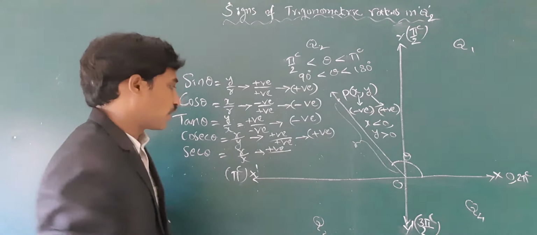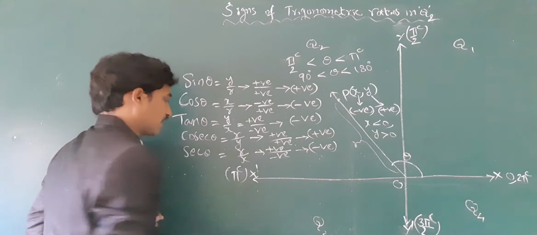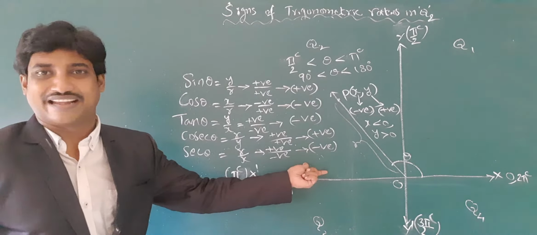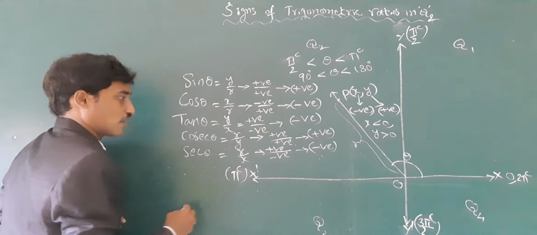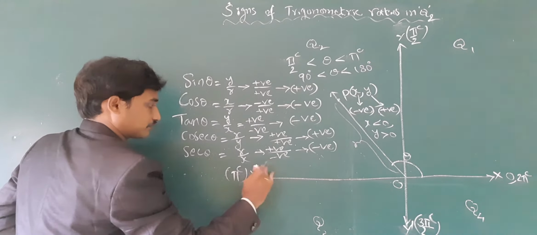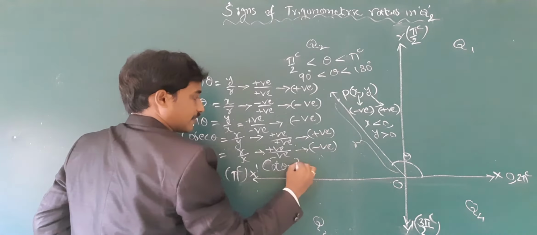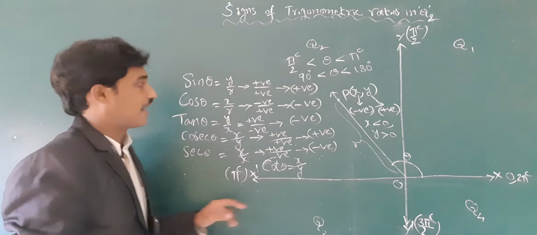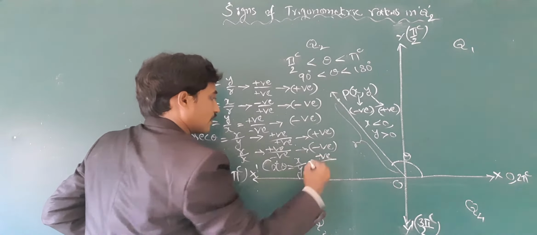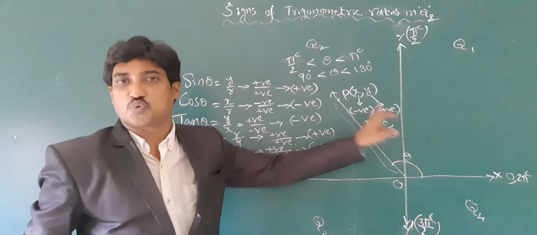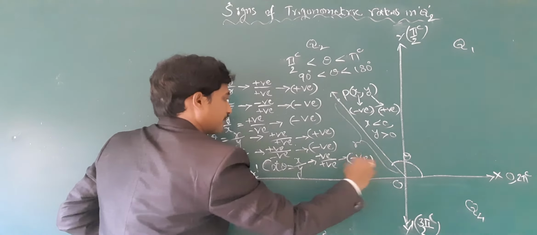Positive by negative, we get negative. Secant theta is negative in the second quadrant. Finally, cot theta is x by y. X is a negative quantity. Y is a positive quantity. Negative by positive, we get a negative quantity.